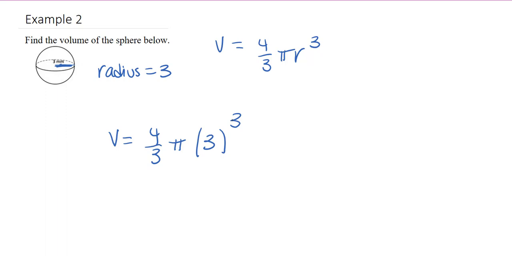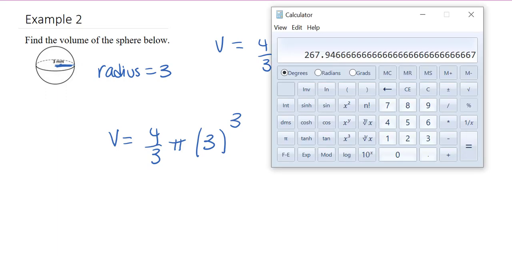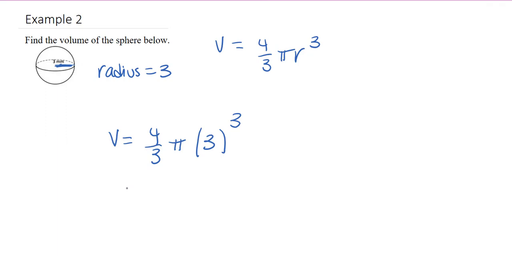Now 3 cubed is equal to 27, but if we aren't sure, let's just calculate that out. So we have 3, we do this x to the y power, and then we put in 3. So we have 27. So we have 4/3 pi times 27.